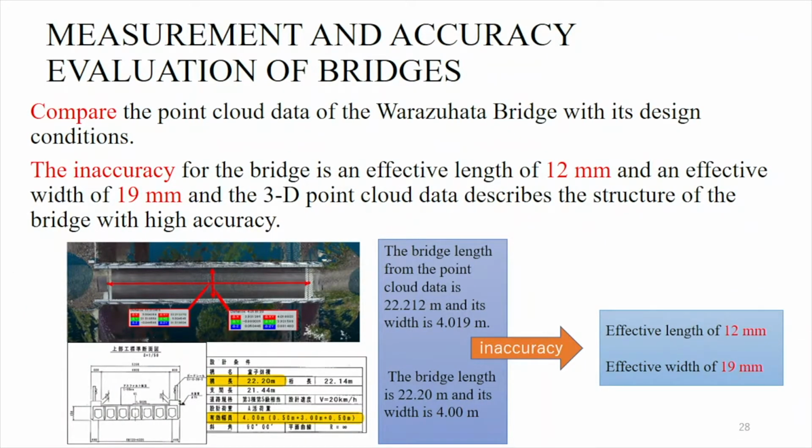And we also compare the point cloud data of Waratsuhara Bridge with design conditions. And the inaccuracy for the bridge is an effective length of 12 millimeters and effective width of 19 millimeters. And it seems the point cloud data describe the structure of the bridge with high accuracy and high precision.